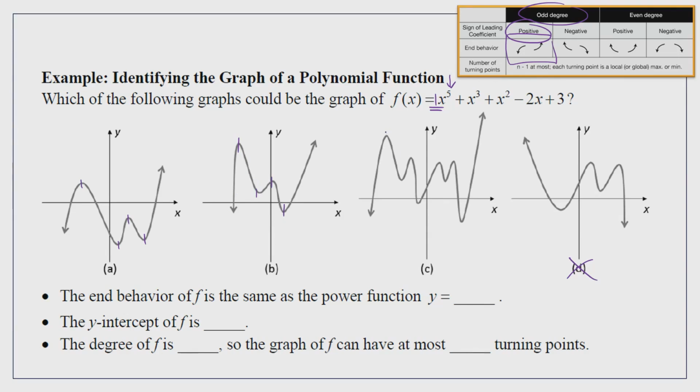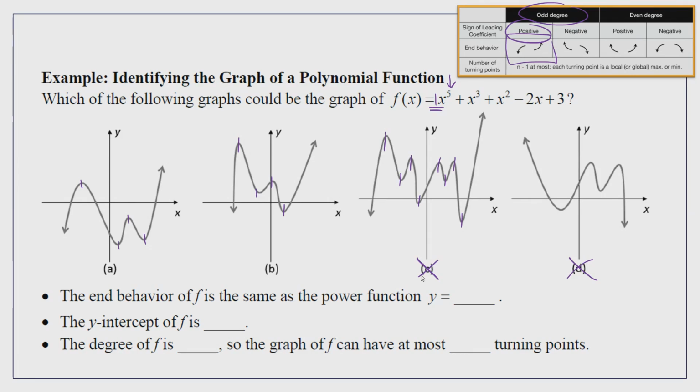And C has 1, 2, 3, 4, 5, 6, 7, 8. So we know it can't be C. Now we are left with A and B.